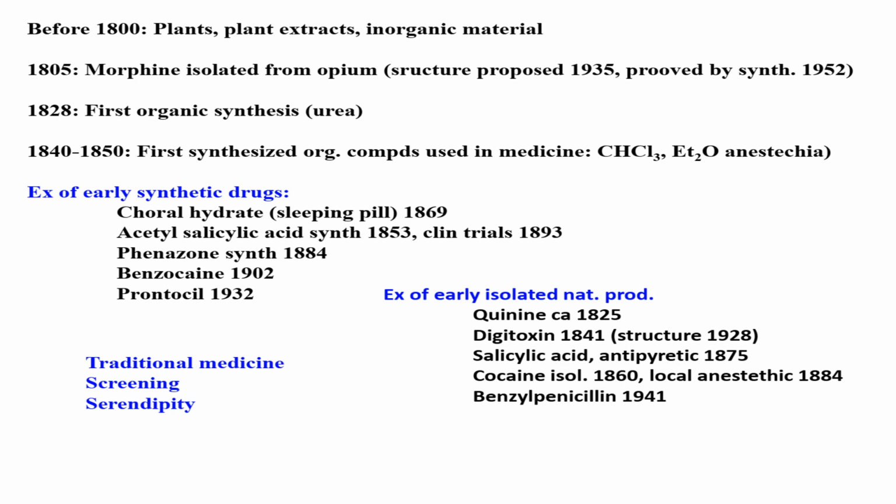Phenazone synthesis, benzocaine, and prontosil can also be early synthesized drugs. Different drugs can be isolated from natural products, like quinine, which can be used as an anti-malarial, digitoxin, which can be given for heart failure, and salicylic acid, an antipyretic drug.